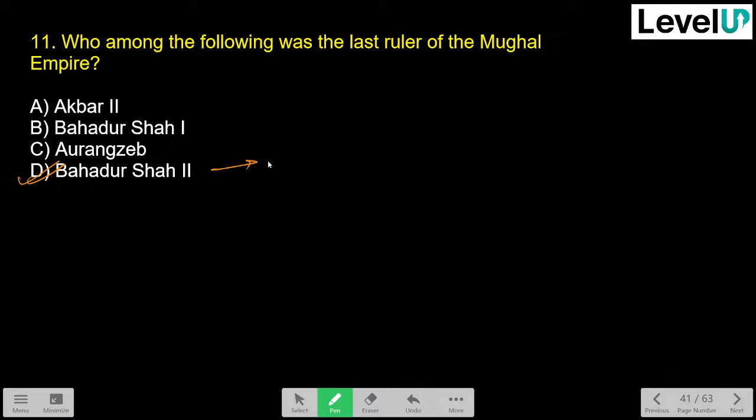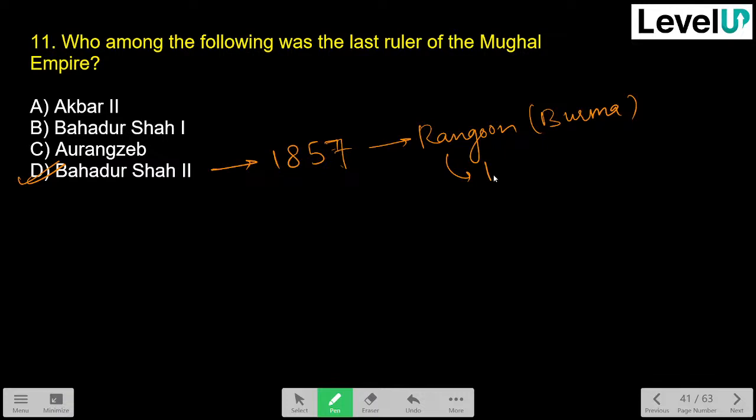He participated in the 1857 war, that is the revolt of 1857, and was sent to Rangoon, in Burma, which is nowadays known as Myanmar. He was sent in 1858, and he died over there in 1862.